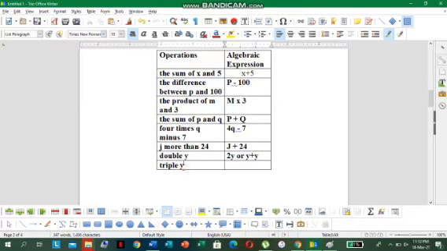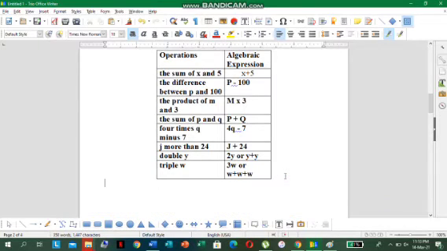Let me use a different one, w. Triple w. We can say 3w, or w plus w plus w. We can say it like that. So that's it for the algebraic expression there.